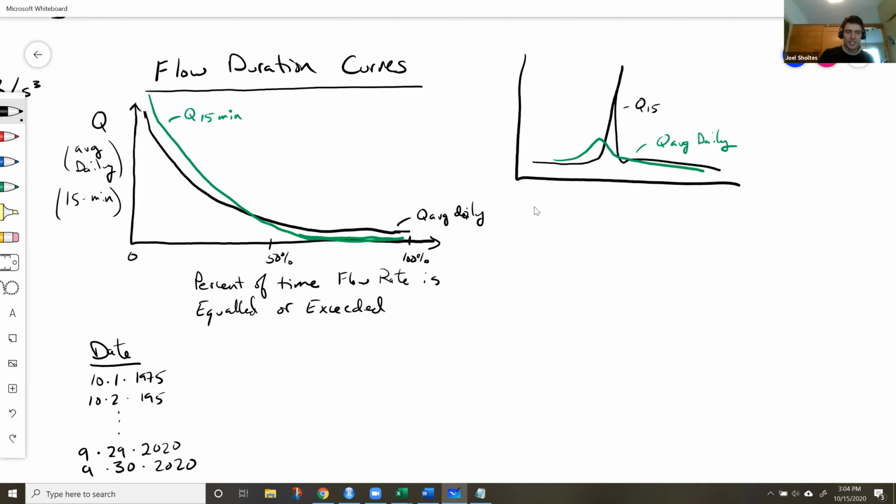We want to keep within the water years as much as possible, right? We've got our discharge, so obviously it's going to be average daily discharge. Okay, not a lot of change, kind of low flows. So this is our initial data series.